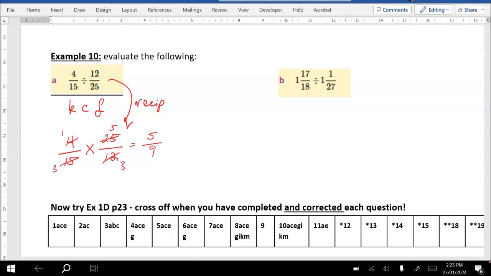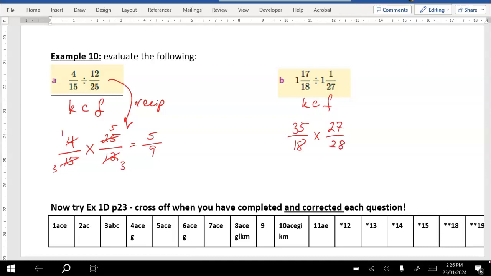And again, if we are playing around with mixed numbers, we want to turn them into improper fractions. So we're going to keep this one, change that to multiply, and we're going to flip that for the reciprocal. So this will be 35/18. Change the divide to multiply, and we'll flip 28/27 to get 27/28.